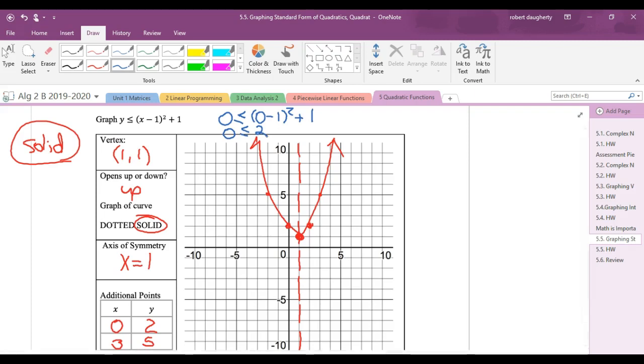On Fridays it is. 0 is less than or equal to 2. It's a smaller number, right? So that means 0 is part of the solution. So I shade where? Outside. So I'm shading outside this guy.